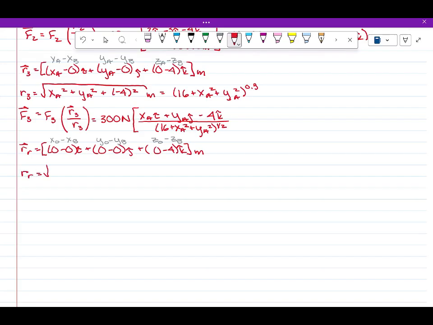The magnitude of that position vector is the square root of 0 minus 0 squared plus 0 minus 0 squared plus 0 minus 4 squared, which is equal to 4 meters.